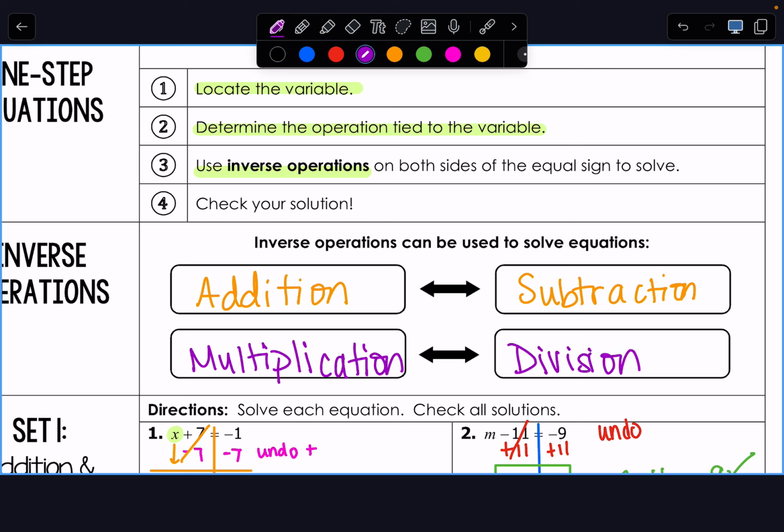If we have a number connected to a variable using multiplication, then we are going to undo that with division. If we have a number being divided to our variable, we are going to undo that with multiplication. And that's what we're going to work on today.